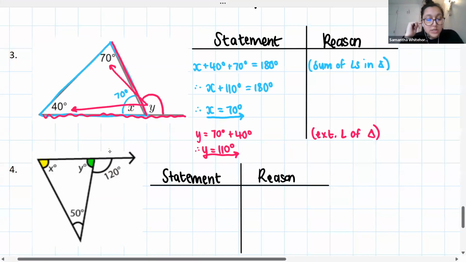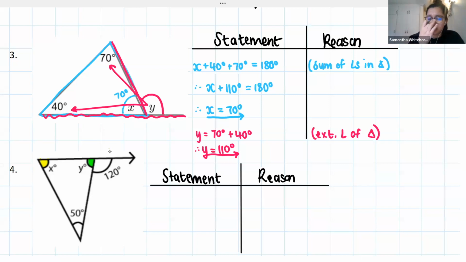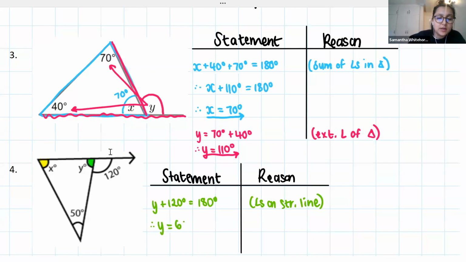If, however, the question says answer in alphabetical order, you will have to. But in this case, I haven't said that, so we can start wherever we want. So we know that Y plus 120 degrees must be equal to 180 because of angles on a straight line. And so when we subtract 120 on both sides, we get that Y is equal to 60 degrees.